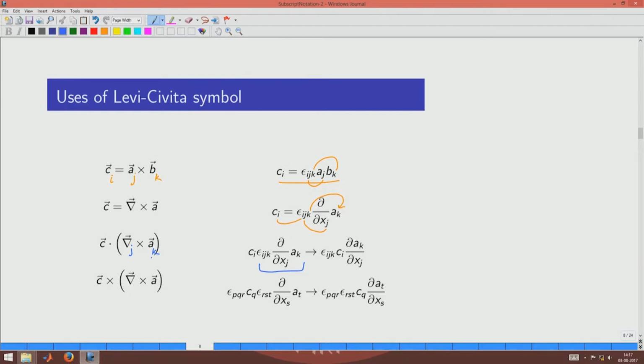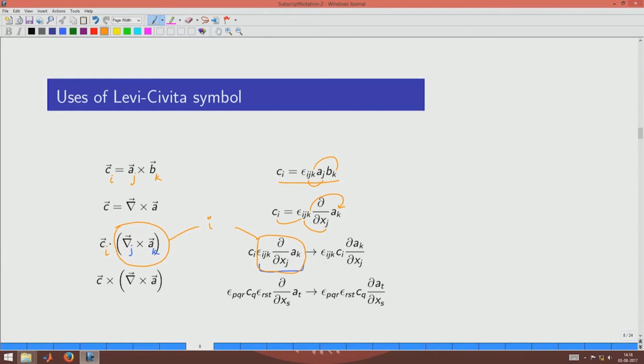Now, the free index of this expression, which is written here, is basically I. So, I must use the same index for C, and that is how I write the dot product as C I epsilon I j k dou by dou x j A k. Once we write like this, we realize that epsilon, being just a number, can be brought in and out of the expressions.